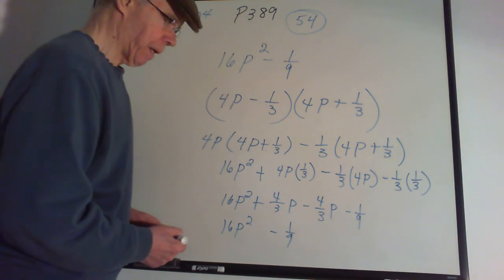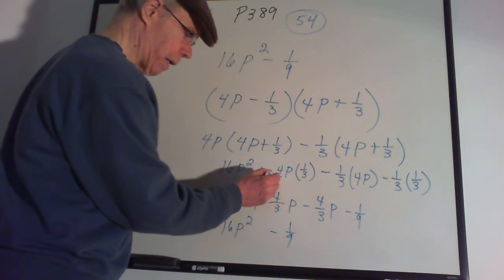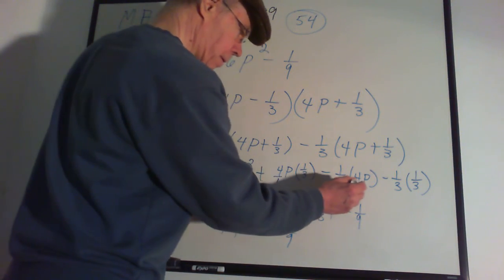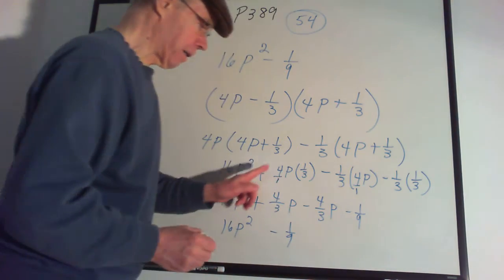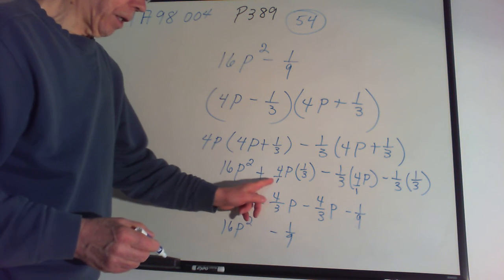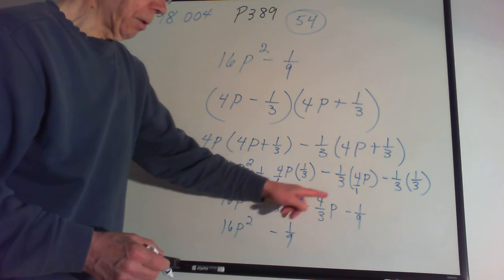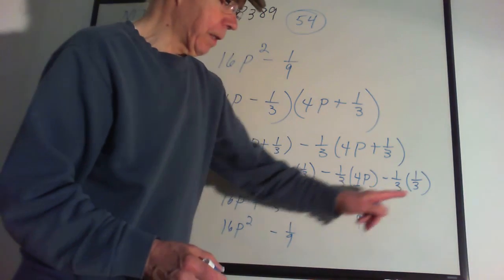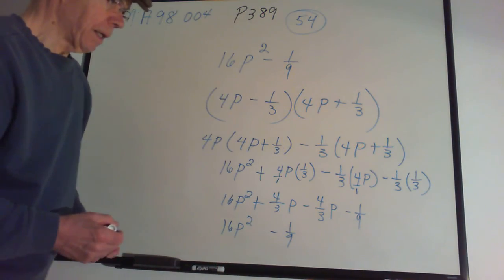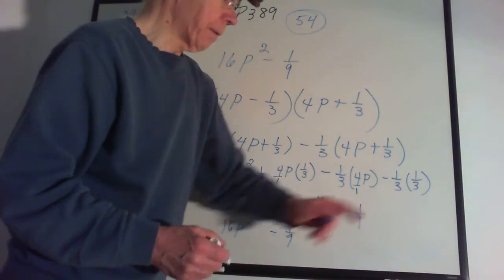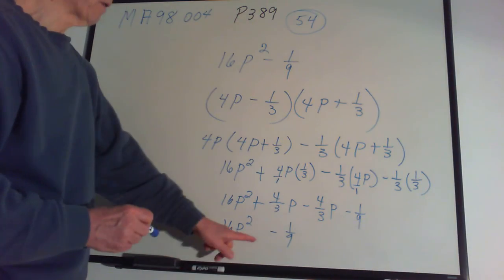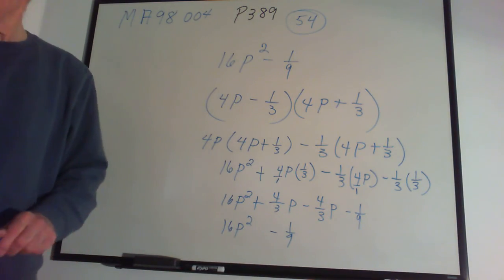Remember, when you multiply fractions, this has a 1 under it. So when you multiply fractions, it's numerator times numerator, denominator times denominator. These will cancel. 1 times 1 is 1, 3 times 3 is 9, and it's a negative times a positive, so you end up with a negative answer, which you started with.